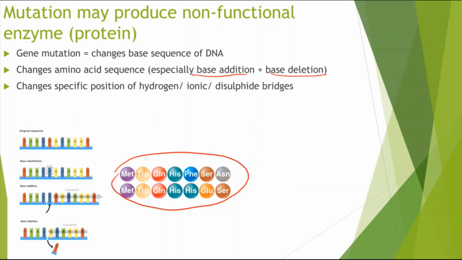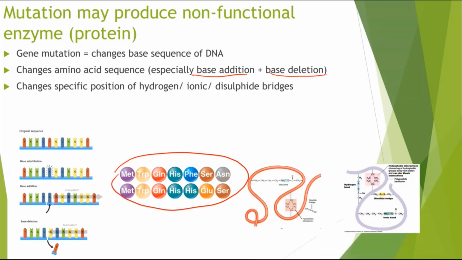So then what happens, because the amino acid sequence has changed, is the specific positions of the hydrogen, ionic or disulfide bridges change. Remember that when we get into the tertiary structure of the protein, we have all these different bonds: hydrogen, ionic, disulfide bridges. So let's say a mutation occurred and it produced this protein.